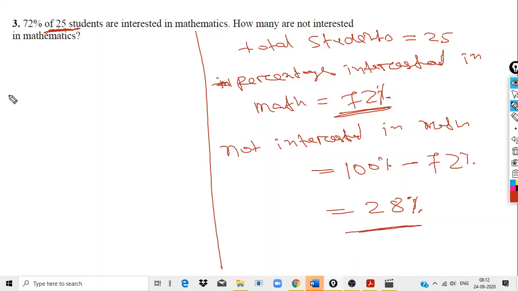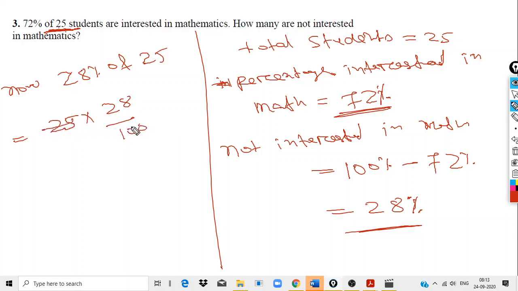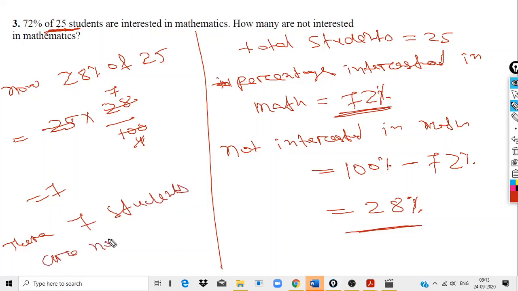Now 28% of 25 equals 25 into 28 by 100. Now you cancel it: 25 into 100, then 4, here you have 7, so equal to 7. Therefore 7 students are not interested in math. Okay? So this is your solution.